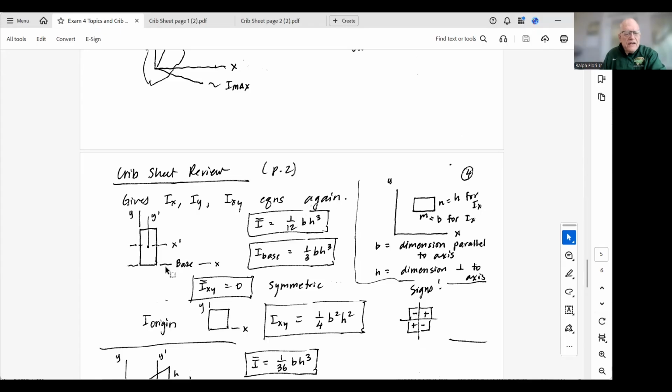So if the x-axis and y-axis touch this rectangle, then the product of inertia of this rectangle about those axes is 1/4 b squared h squared. But what he doesn't give you is that if this rectangle is in quadrant 2 or quadrant 3 or quadrant 4, then this equation will take on different signs. Positive in quadrant 1, negative in quadrant 2, positive in quadrant 3, negative in quadrant 4.